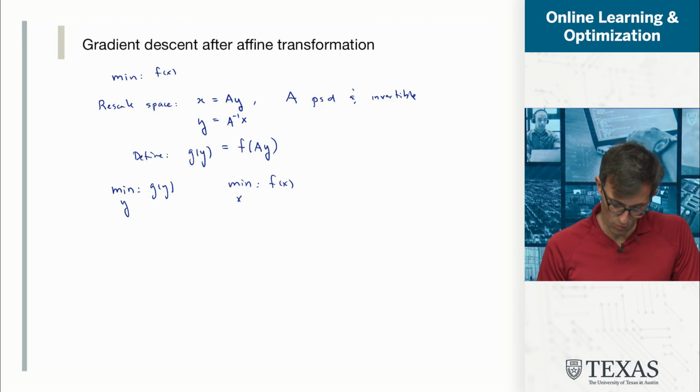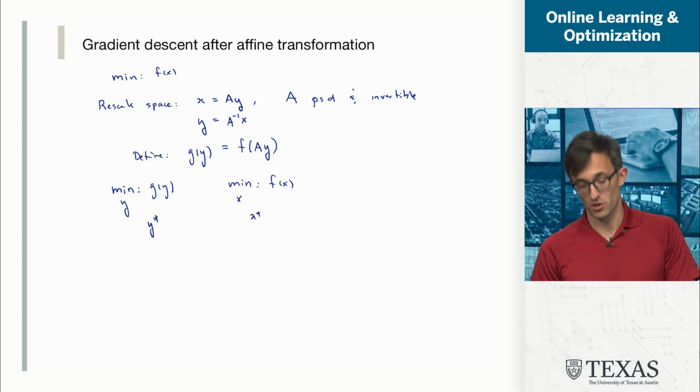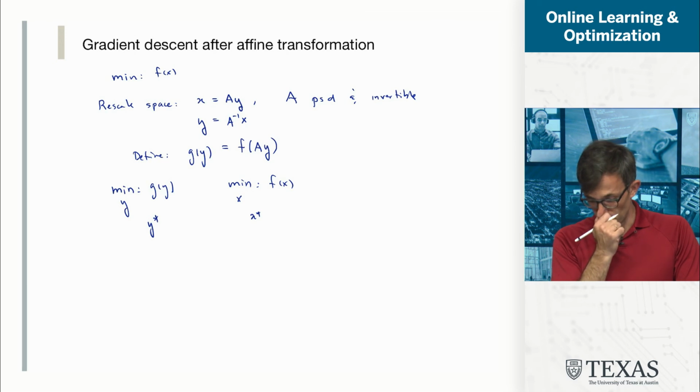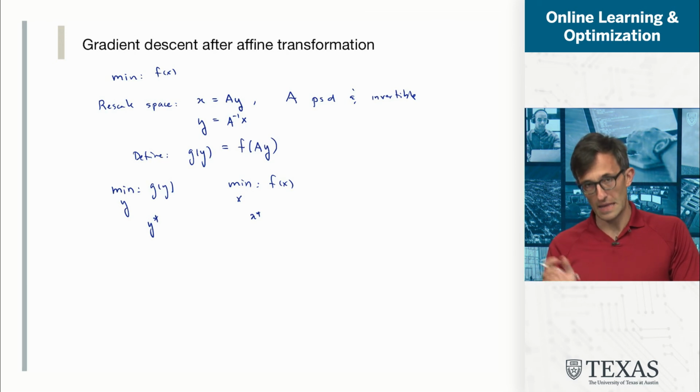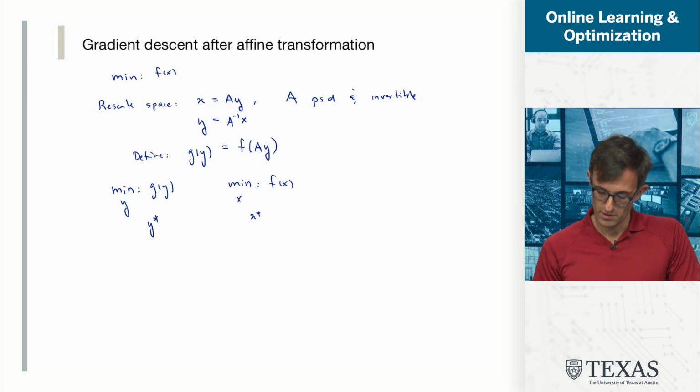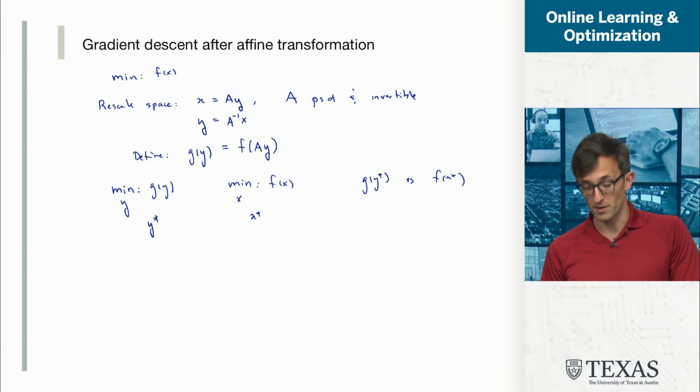So let y star be the minimizer on the left, and let x star be the minimizer on the right. Question: is g of y star less than f of x star, greater than f of x star, or equal to f of x star? Can I even compare these? You can see from the definition that indeed these have to be equal.